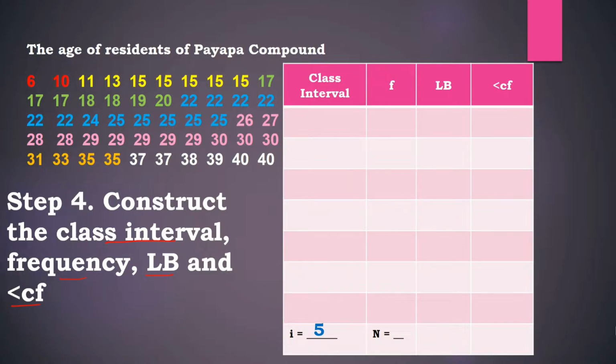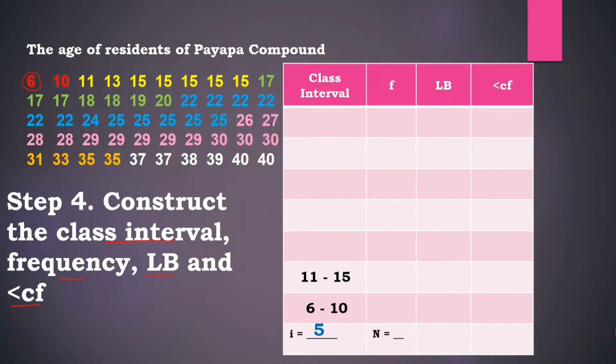So it means that i here is 5, and to construct the class interval, we will start at the minimum value. Okay, so that's 6. So the size is 5. It means that 6, 7, 8, 9, 10. So that's 6 to 10. Next is 11 to 15. So still, 5 ang size. So dapat magkaparehas ang size lahat.